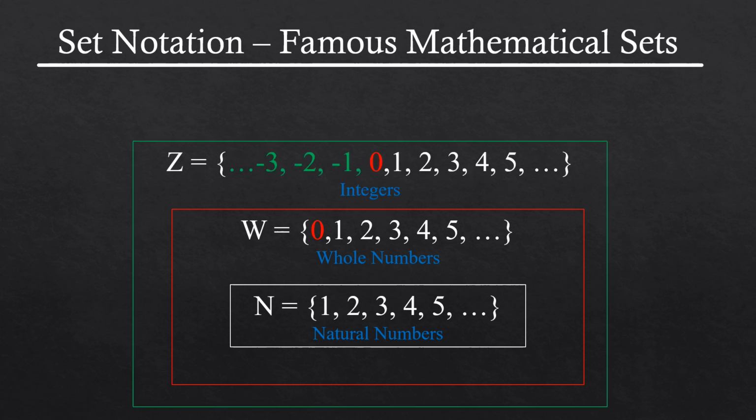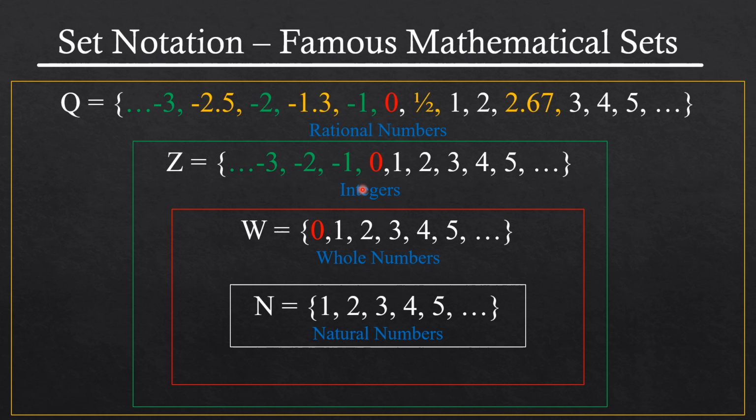Then you started learning that there was a whole other part: the negative numbers. When you add the negative numbers to those whole numbers, you get the integers.